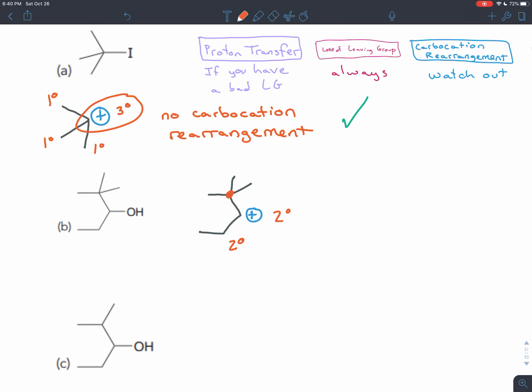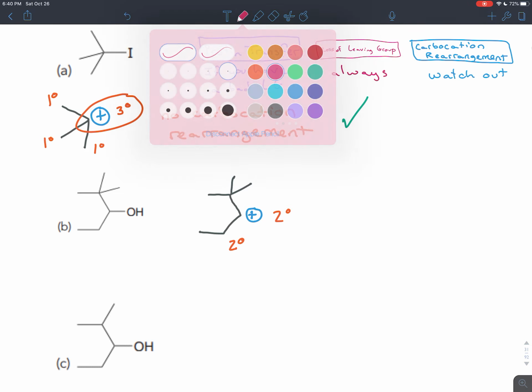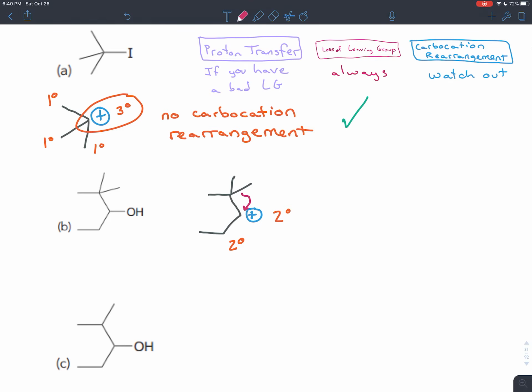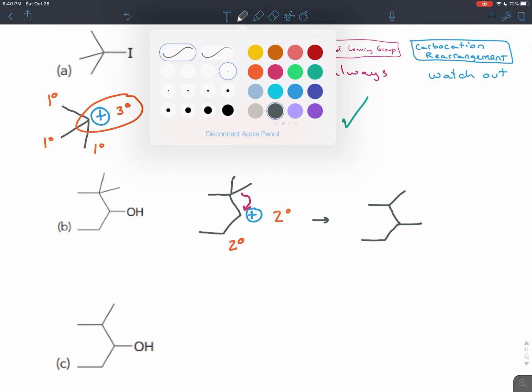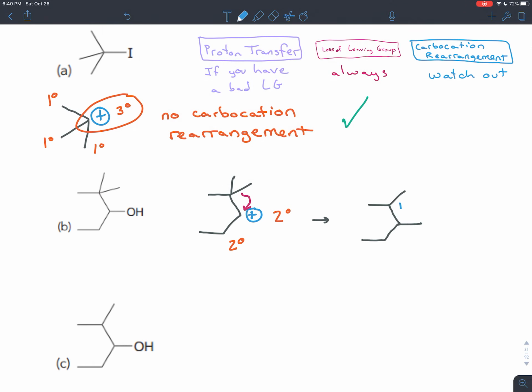Above, it's bonded to 1, 2, 3, 4 other carbons. Now there's no room there right now to have a carbocation. But if one of those methyl groups took its electrons and moved over, then you would have a slightly different looking carbon skeleton, but the carbon that's missing electrons now is this top one, and so the carbocation would have been shifted. If it shifts that way, this new carbon is bonded to 1, 2, 3 other carbons, and so the carbocation would be tertiary.